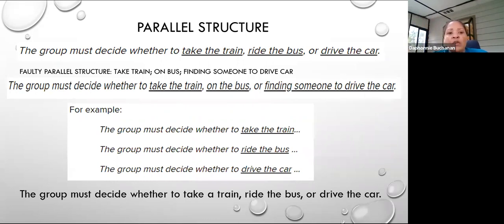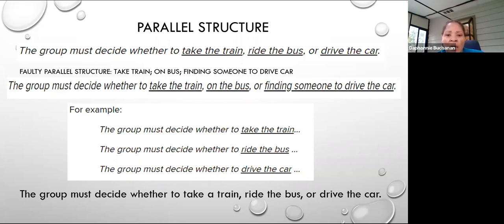So if we look at this first sentence, the group must decide whether to take a train, ride the bus, or drive the car. Okay, so we have the faulty parallel structure: take a train, on the bus, find someone to drive the car. And then we say the group must decide whether to take the train, on the bus, or finding someone to drive the car.